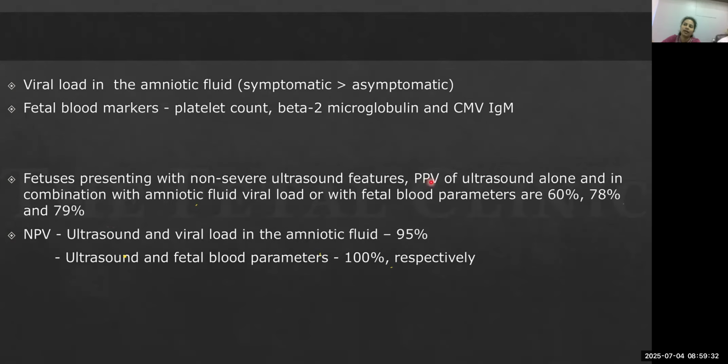So all ultrasound and blood parameters put together have the high positive predictive value. The negative predictive value is 95% for ultrasound and viral load together, and almost 100% for ultrasound and fetal blood parameters. Again, when we say positive predictive value, the background chance is very important.